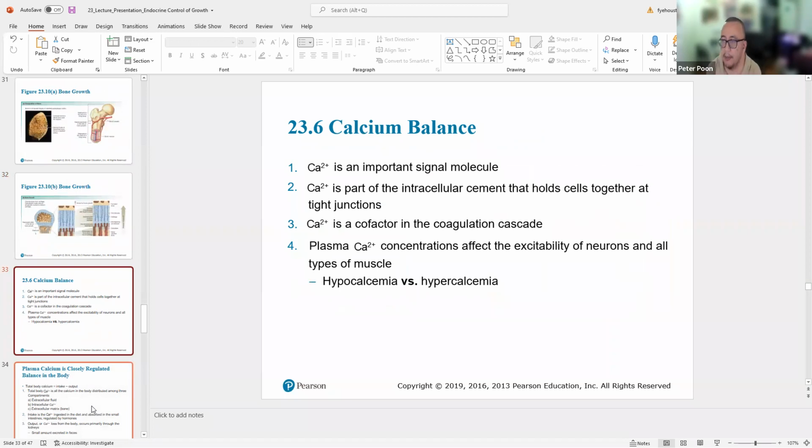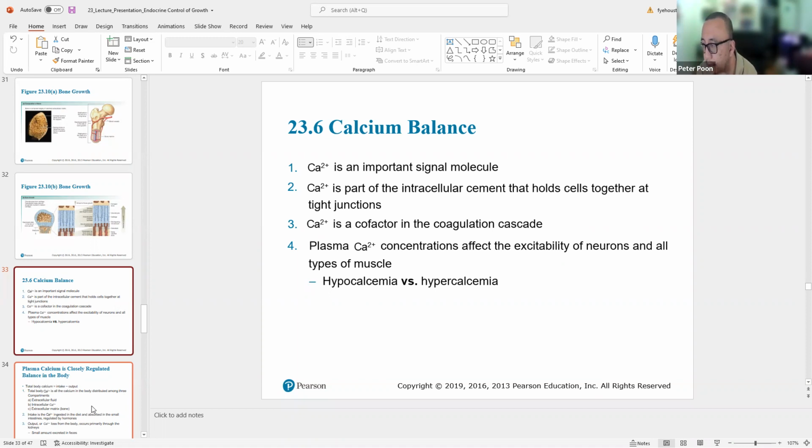Calcium balance. Calcium is an important signal molecule. You learned that in the nervous system. Calcium is also part of the intracellular cement that holds cells together at tight junctions, and it's involved in the coagulation cascade.